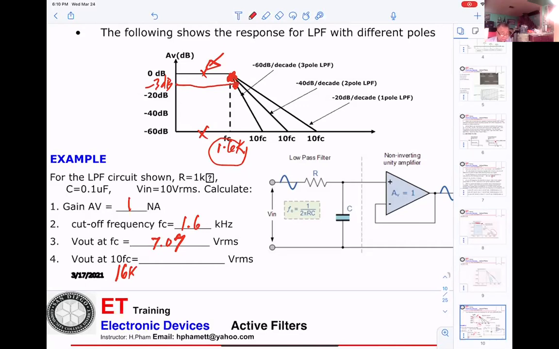They go down with a slope of 20 dB per decade. Okay? 20 dB per decade. And you understand that 20 dB means 0.1, and 0.1 times 10 volts RMS is supposed to be 1 volt.